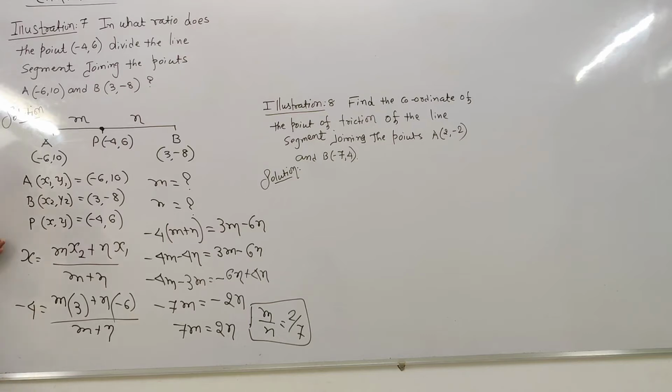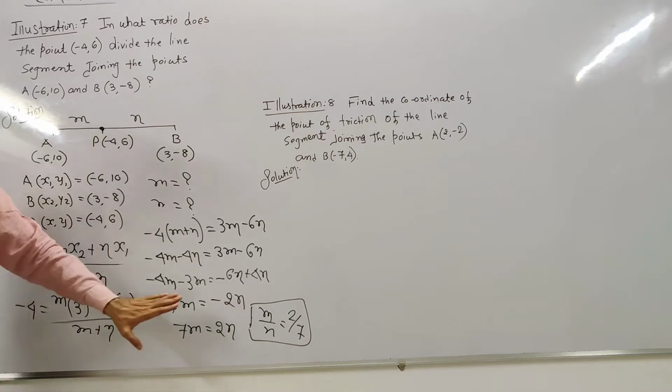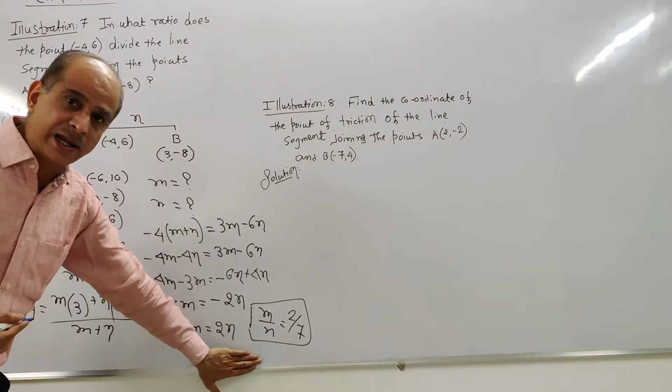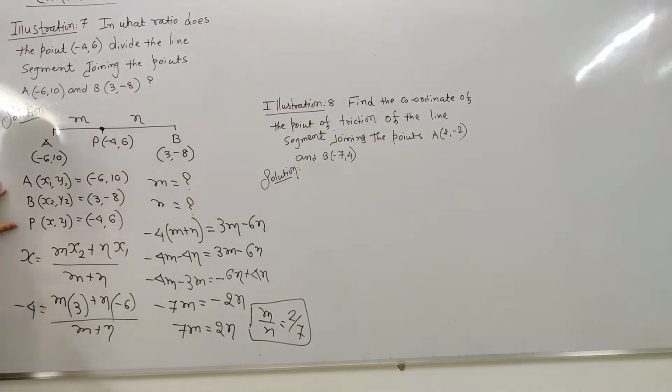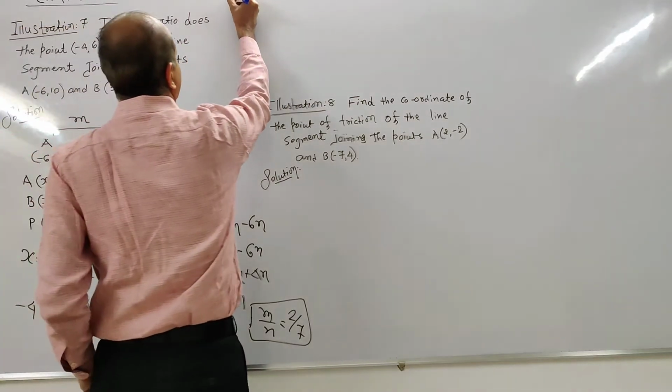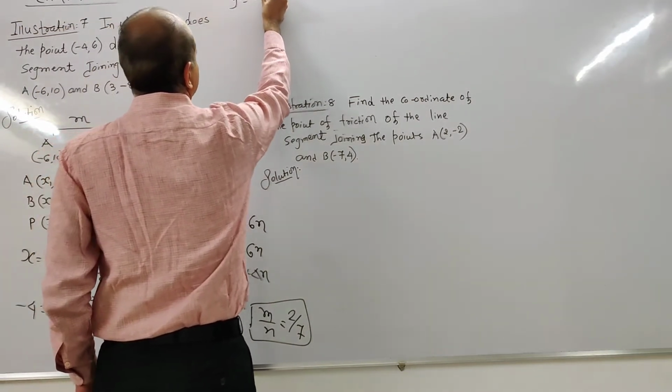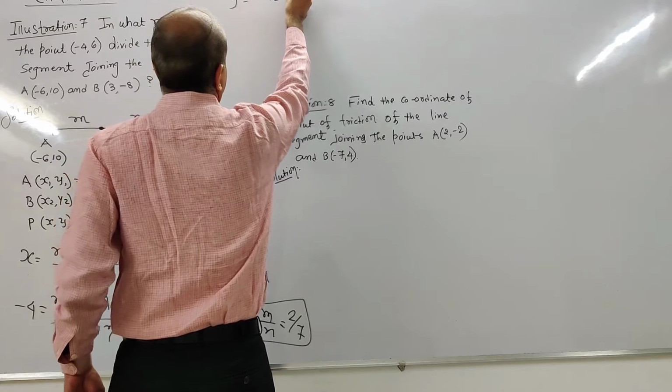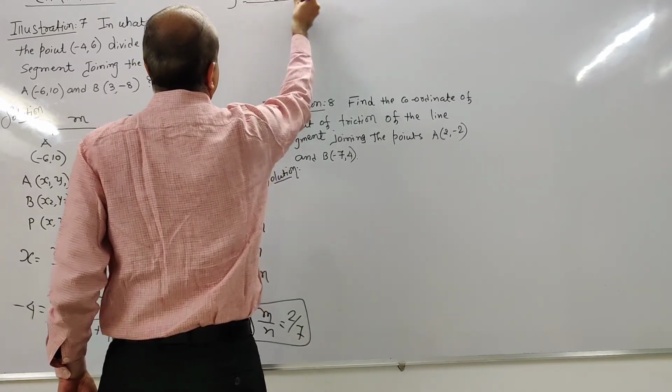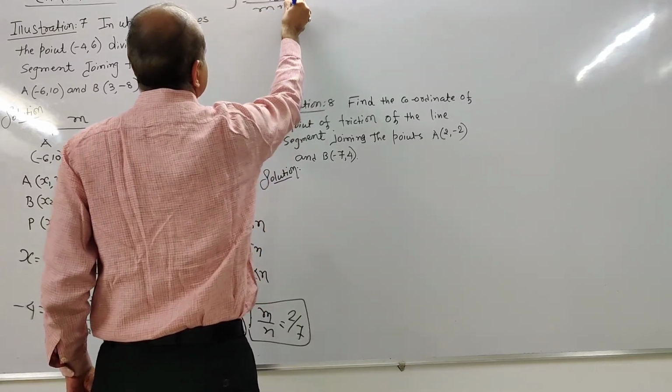Well, here I have taken the x coordinate. You can also find the values of m and n by using the y coordinate. Let me find the value of m and n using the y coordinate. So y is equal to (my2 + ny1) upon (m + n).